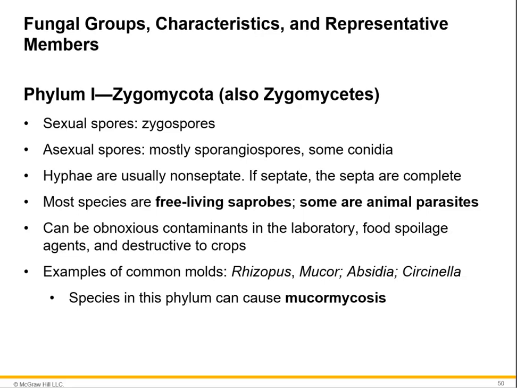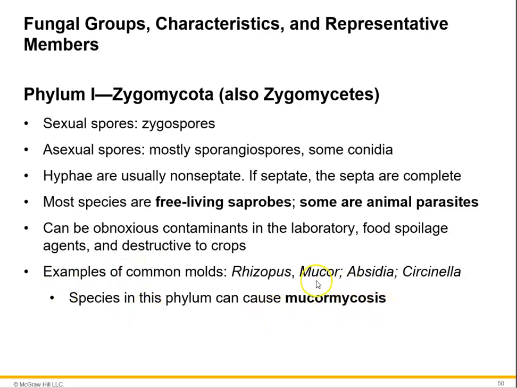But if you have severe immune deficiency of some kind, then you are at risk of developing an infection from these fungi. For example, mucormycosis is an infection of typically the sinus cavity, but it can infect the eye and surrounding areas in patients with poorly controlled diabetes.